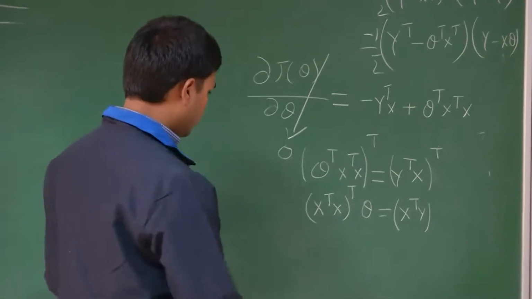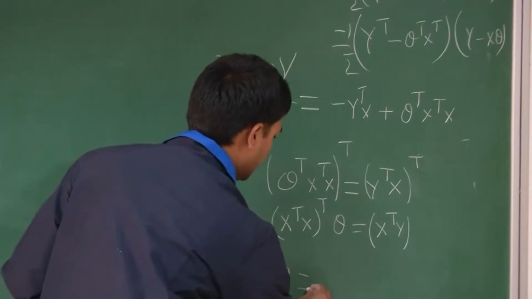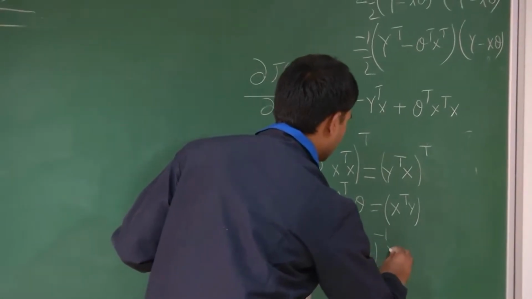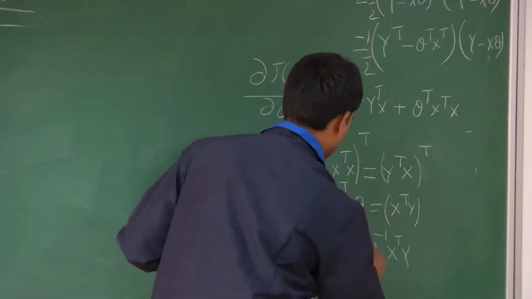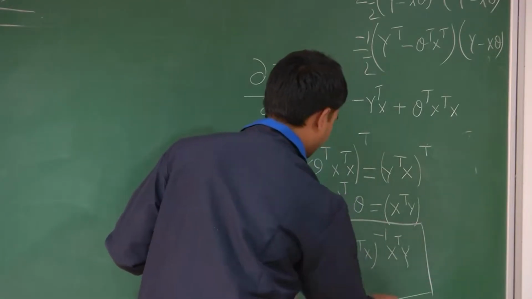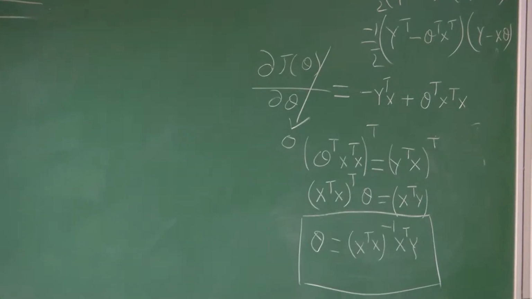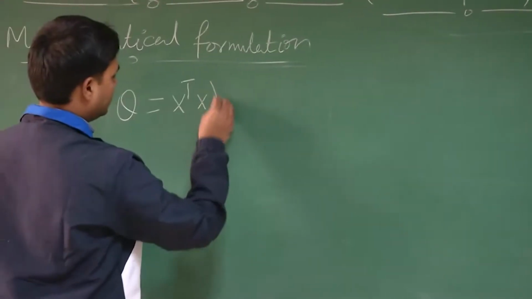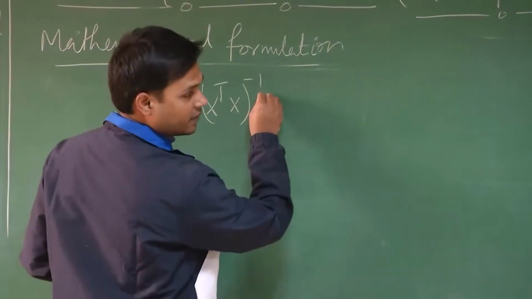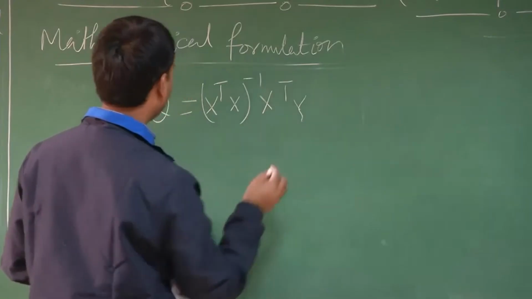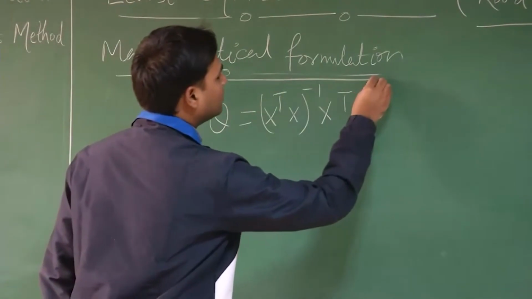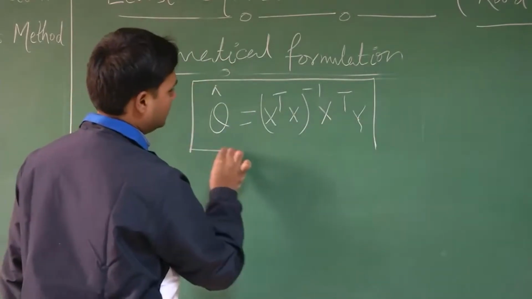With that you will get theta equals (x transpose x) inverse times x transpose y. So this is the estimated parameter vector or matrix with the philosophy of least square estimation.